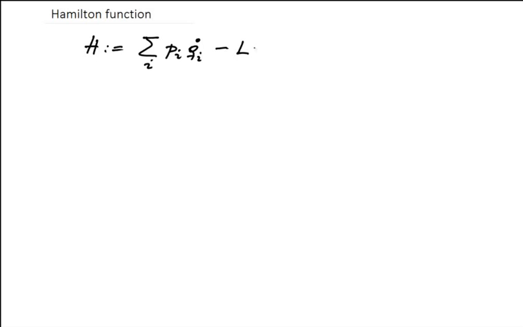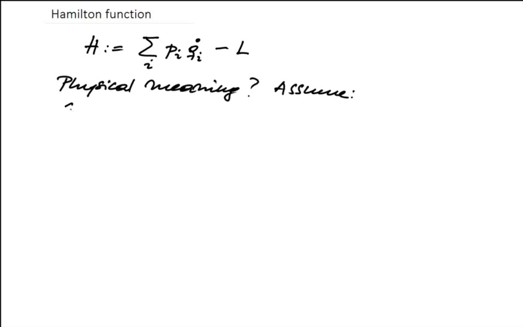But if we make two rather innocent additional assumptions, then we can actually give the Hamilton function a physical meaning. Let's make two extra assumptions. The first assumption is that the coordinate transformation from Cartesian coordinates to our generalized coordinates is not explicitly time dependent.